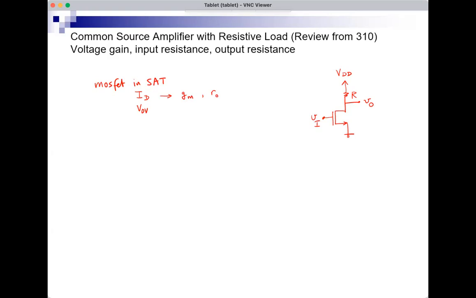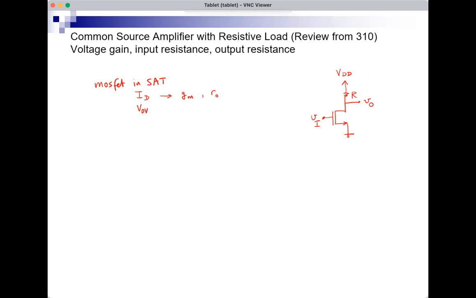This is an amplifier, and we already showed that this is an amplifier in the 310 when we did the transfer characteristics, and there was a nice region on the characteristics where there is large slope, almost linear characteristics, and a good range.